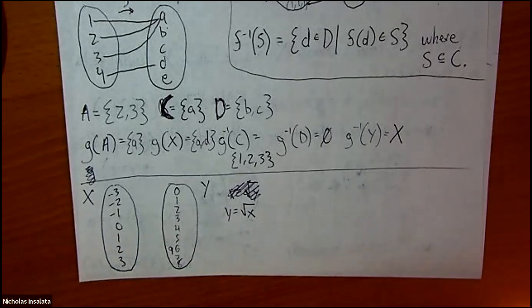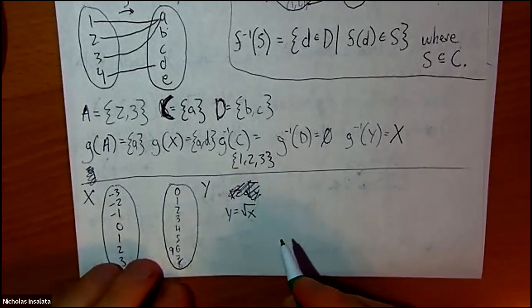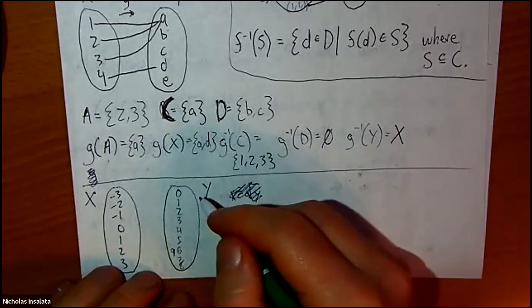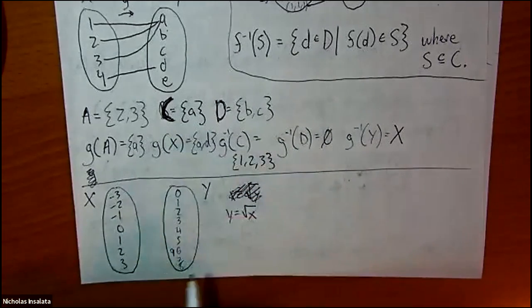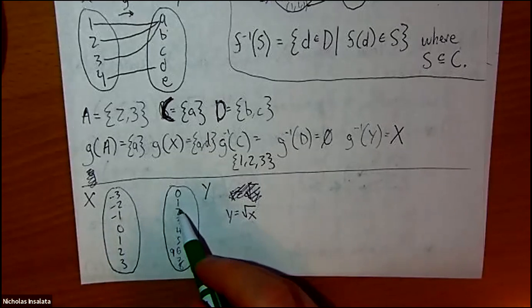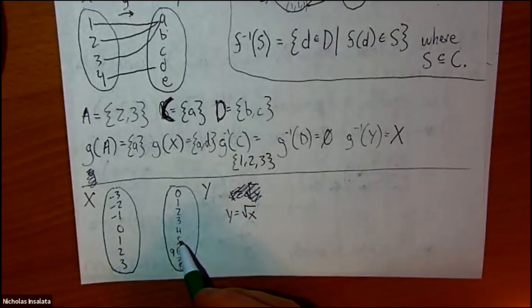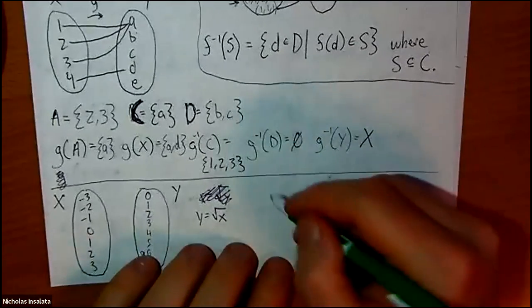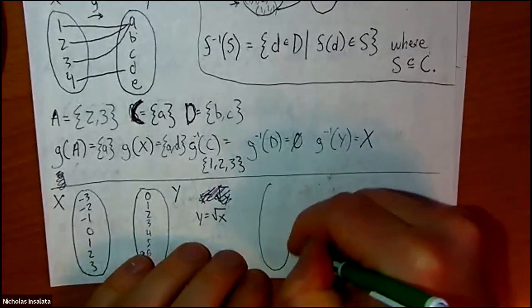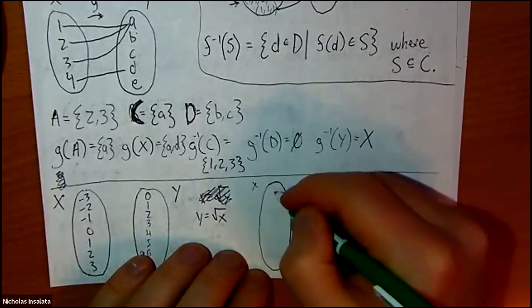So I think what we should have over here, let's try this one more time. 0 and 1 look okay. But am I going to get negative numbers as the output? Yeah, I guess I am, right? So really what I should have had, let me try this one more time. I've got x, -3 to 3.